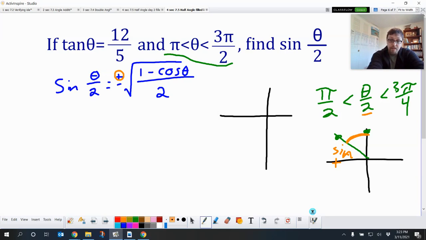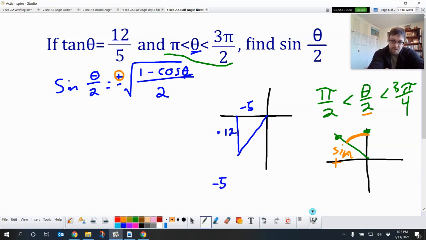So theta is in quadrant 3. Note that we're using theta now because we've got the cosine of theta right there. Tangent of that theta is opposite over adjacent, so we've got 12 and 5. These better both be negative because we're in quadrant 3. And then I got to figure out what my hypotenuse is.